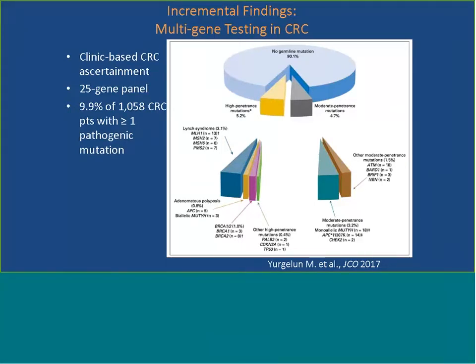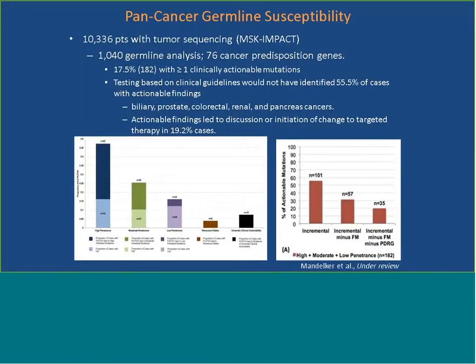In fact, 10% of these patients were identified with a pathogenic mutation, with about 5% in the high penetrance genes, about 4% in the colon cancer associated, and 1% BRCA. Moderate penetrance, about 4.7%, with about half, or 3%, due to known colon cancer susceptibility genes, moderate penetrance, and 1.5% due to genes not associated with known colon cancer susceptibility.